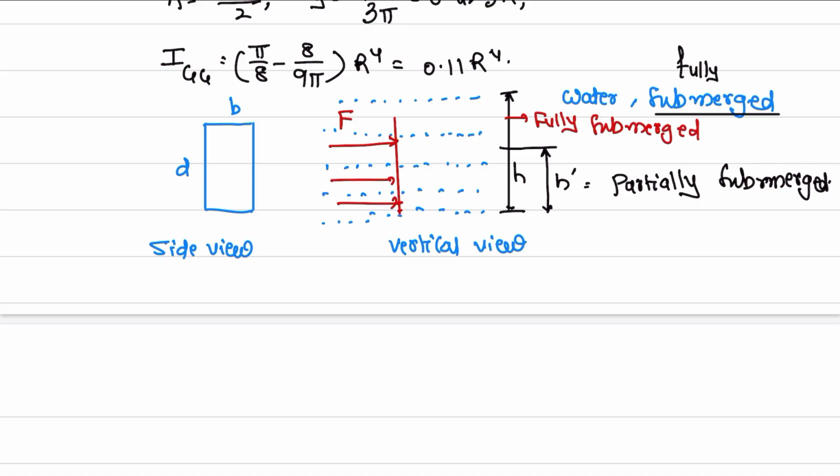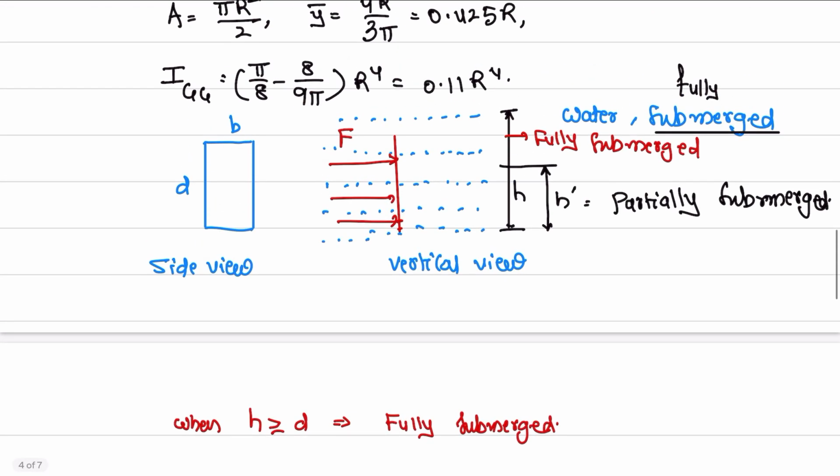A vertical surface having a rectangular cross section with dimensions B as the breadth and D as the depth, and the height of the water is more than the depth of the surface. Hence, it is treated as fully submerged.